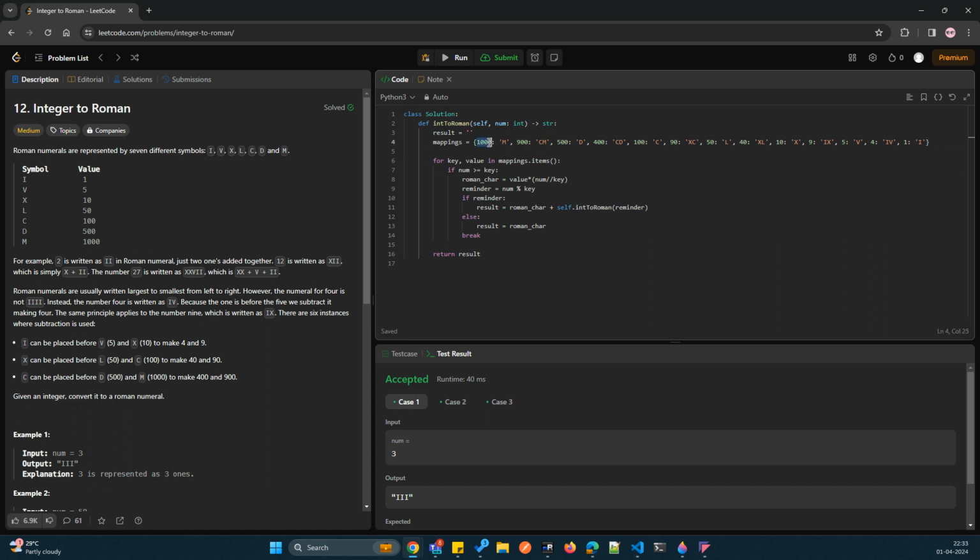I will check if 36 is greater than 1000. No, right? 900, 500, 400, no. Similarly when I go to 50, it is still no. I cannot represent 36 using the 50 symbol. Then I go to 40. Even this won't work. And finally, 36 is greater than 10, so I can use it.